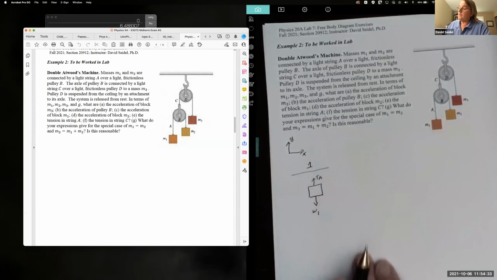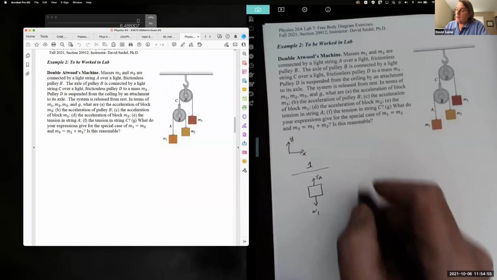I'm not going to write in my acceleration at this point. I'm going to leave acceleration out of it, and I'm just going to assume they're all going up at this point, which we know isn't what's happening. Now we're going to have to take some of that in light of, but I'm going to set Y as my positive direction.